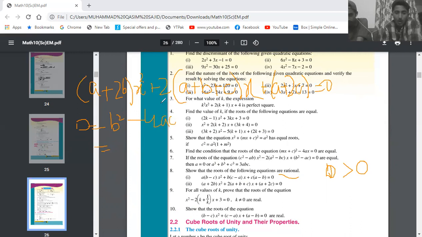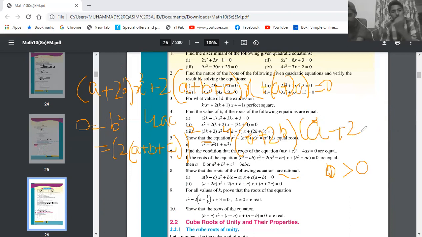Here b square is a plus b plus c whole square, then there is a negative sign for ac, where a is a plus 2b into a plus 2c, and this value is greater than 0 because the roots are rational.